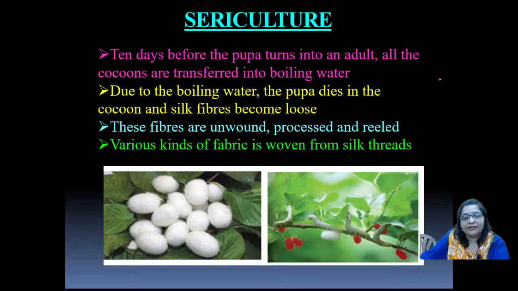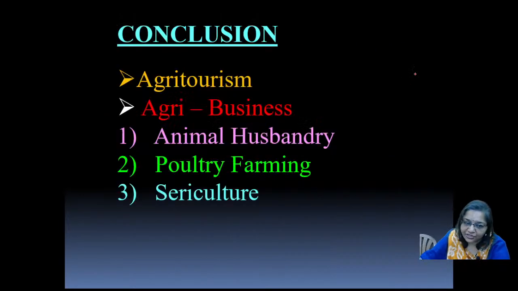It is a tiring job, but various kinds of silk fabrics are woven from these silk threads. That is how you get silk. It's a good earning business. Sericulture can be taken up as an agro-complementary occupation.